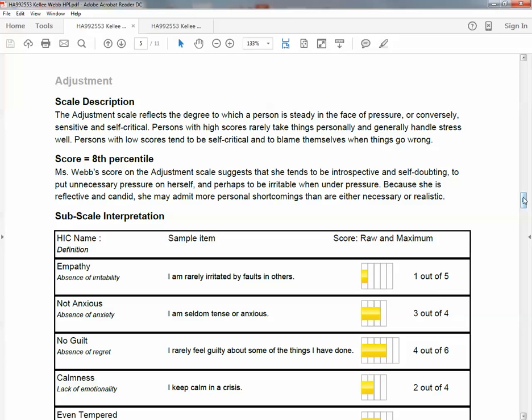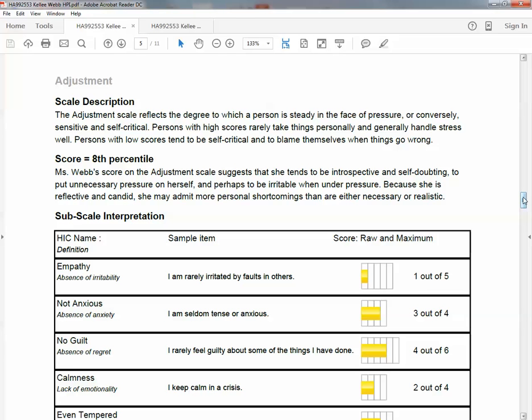I can put unnecessary pressure or stress on myself, and when change comes about, it may put me into stress more quickly than it would someone who is high adjustment. Like I said earlier, I may not even understand why they're sitting over there not paying attention or not focused on this item. I may see that as a lack of concern on their part, when it's not. It's just a different personality trait.